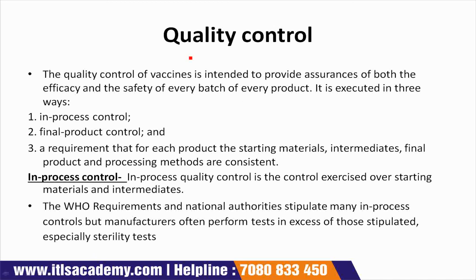Okay, now come to quality control. Quality control is a process in which the quality of manufactured product is checked. So let's start the quality control, and we will study how the qualities are and how the process of vaccine manufacture is controlled.